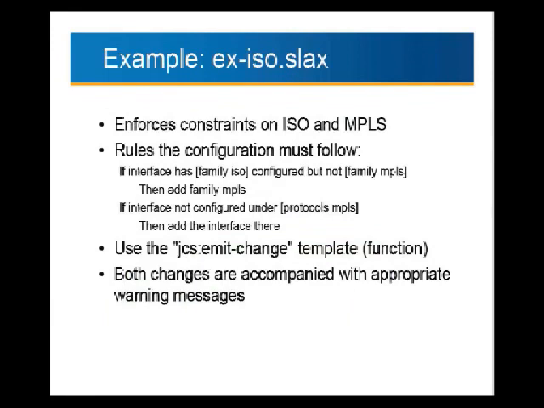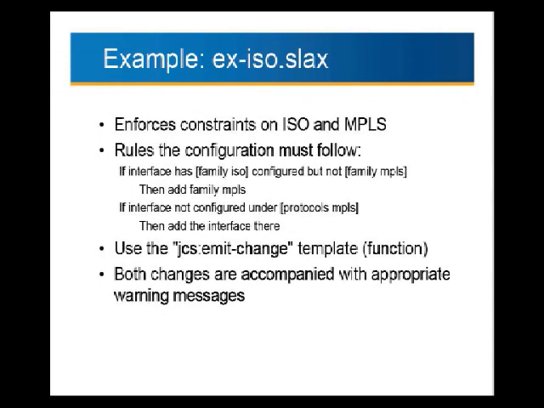So we'll walk through an example. This example is a co-constraint between ISO and MPLS. The rules are: if an interface has family ISO configured but not MPLS, then I'll add MPLS to it. If the interface is not configured under protocols MPLS, then I'll add it there.